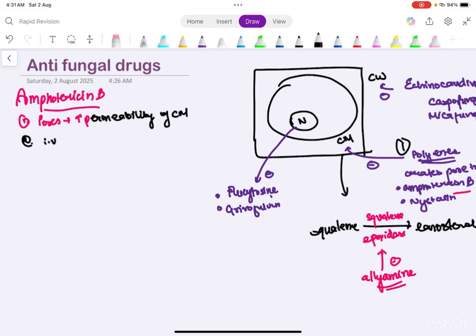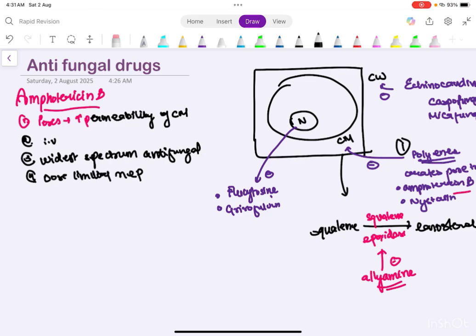Now it has to be given IV. Then it is the widest spectrum antifungal. However, it causes dose limiting nephrotoxicity.